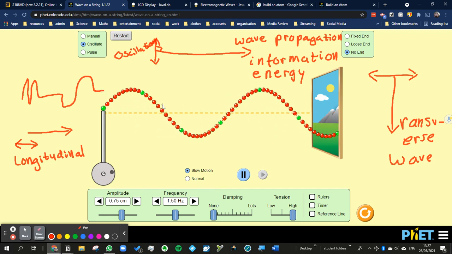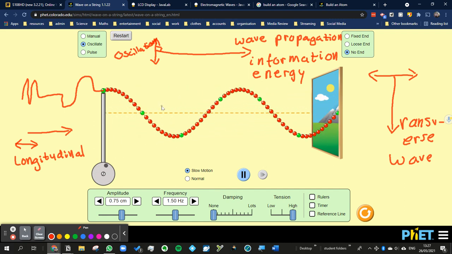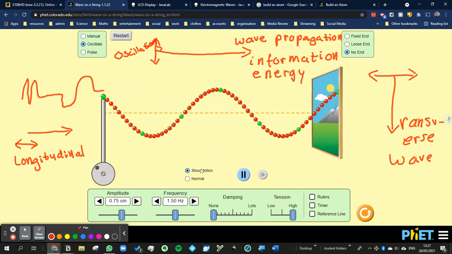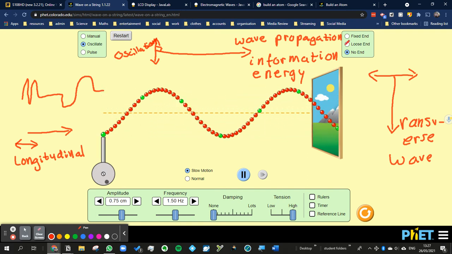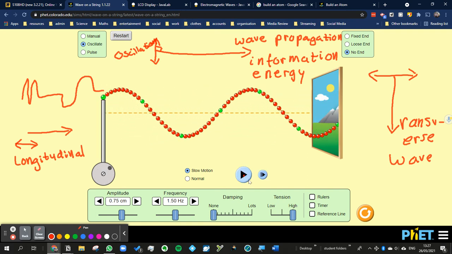Things that were on the list were amplitude, frequency, wavelength, and I think maybe time period is on the list as well. So let's cover those. If I were to pause this, I can measure the wavelength by measuring the distance between any two identical points.